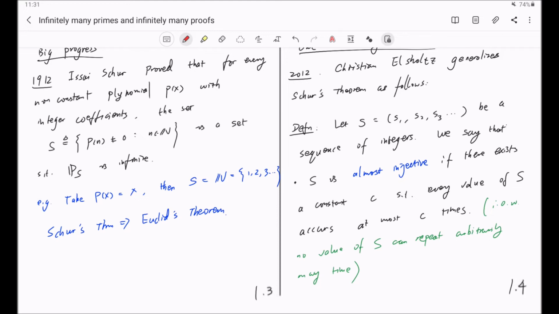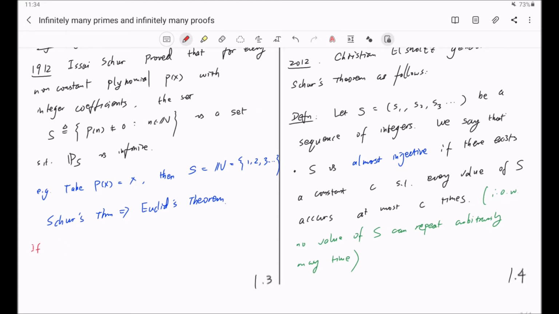What you do is that you consider, if the degree of p of x is equal to d, say p of n equals 0 has L, where L is less than or equal to d, distinct solutions in N, denoted N1 less than N2 dot dot less than NL.